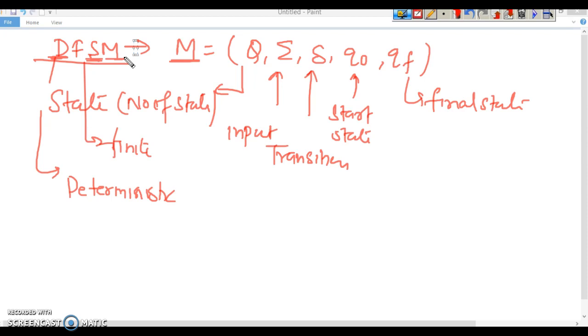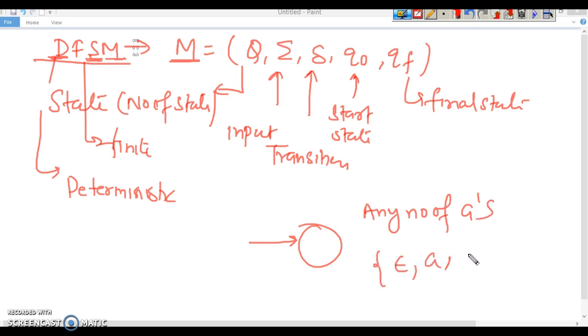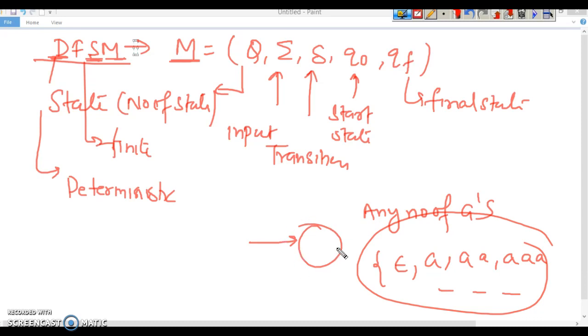Consider if I am trying to design a machine which accepts any number of A's: maybe 0 A's, 1 A, 2 A's, 3 A's, up to 1000 crore. So this input is infinite. Now, by this automata, you are converting it into a finite form.